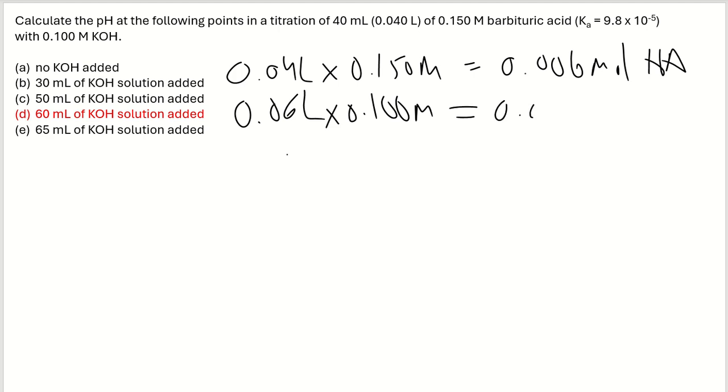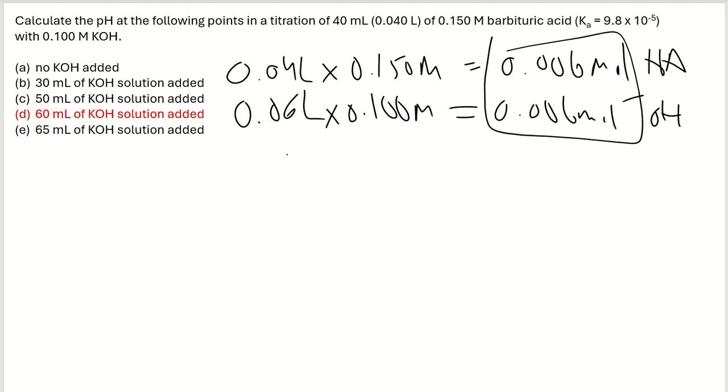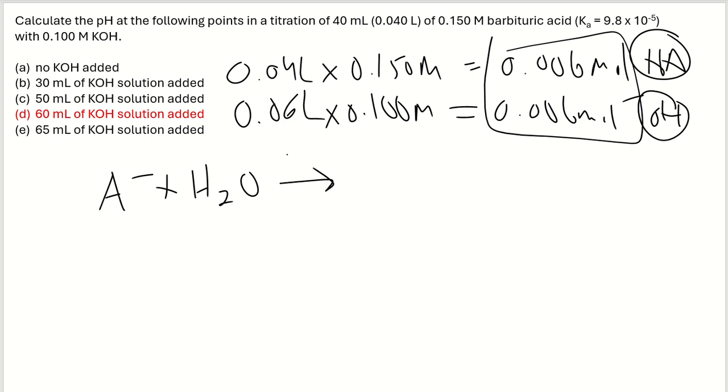And what we get is 0.006 moles of our base, OH minus. So now we're at the point where the two equal each other. So what we're doing is this base is going to completely remove the HA to make A minus. So now we're actually starting with A minus, and we're reacting that with water to get to HA and OH minus.